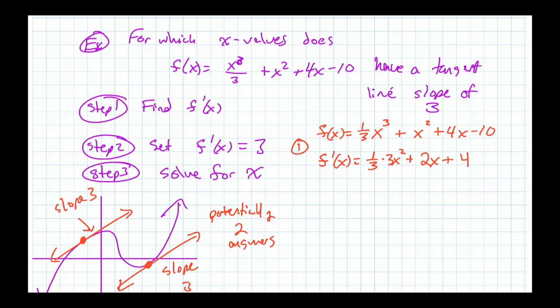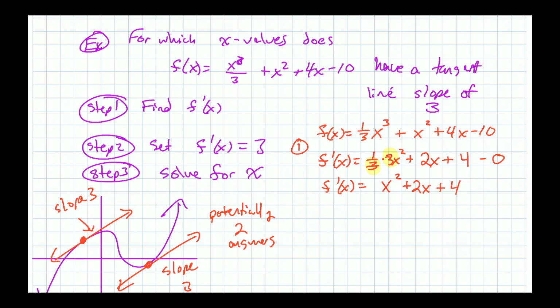The derivative of minus 10 is 0. Remember, a constant by itself has derivative 0. So I see that the 3 and the 3 are going to cancel each other out and leave me just with x squared plus 2x plus 4 for my derivative.